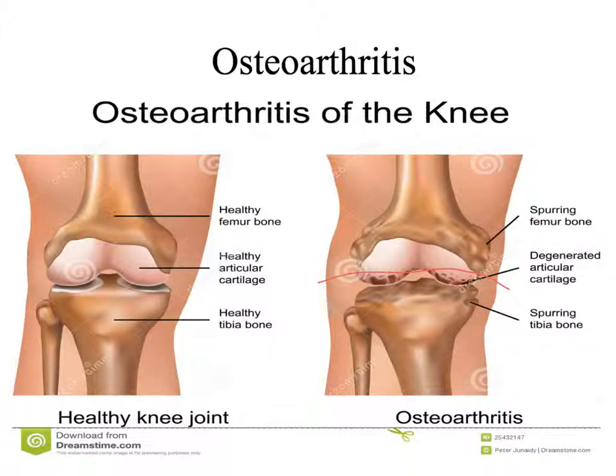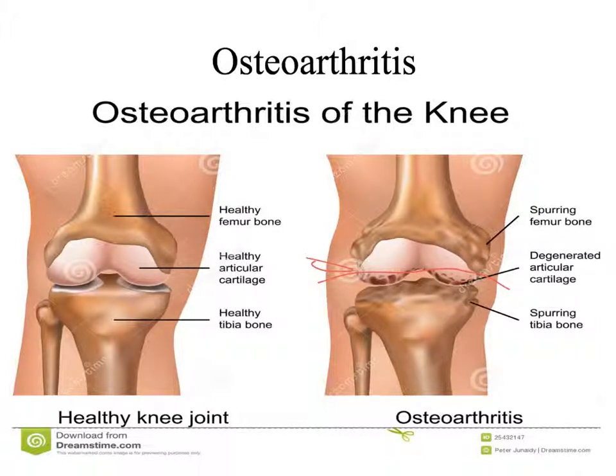A lot of this occurs as we grow older because of the loss of fluid. There should be a certain amount of fluid that lubricates the joint and keeps it moving nice and smoothly. But as we grow older, our body produces less water, so it's kind of a process of aging at times.